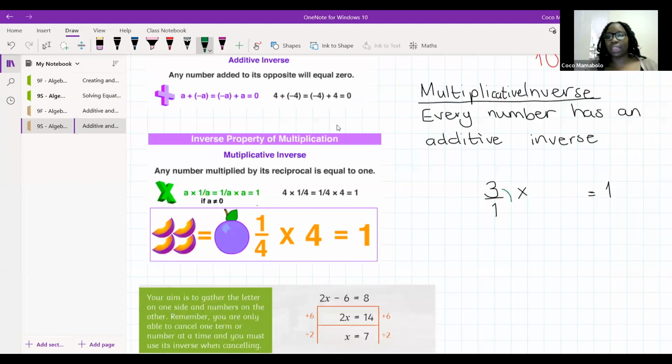I'm going to take the 3, put it where the 1 was, take the 1, put it where the 3 was. So my multiplicative inverse is going to be 1 over 3. And the reason we can do that is because our answer is going to be 1. Then we can cross cancel 3 divided by 3 and 1 divided by 1. And then my answer will be equal to 1.